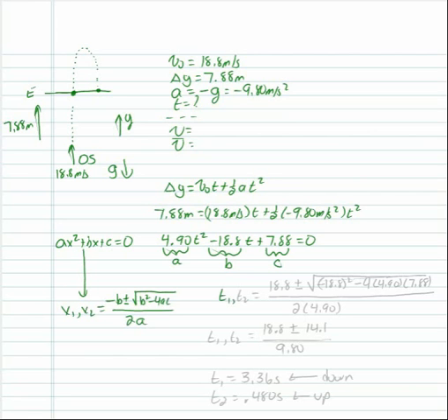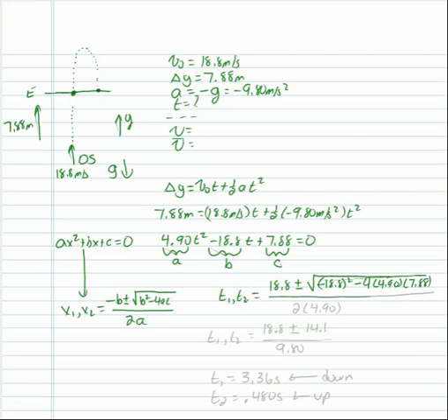The roots, t1, t2, equals negative b, so that's 18.8, plus or minus negative 18.8. Remember, square the negative. That's b squared minus 4 times 4.90 times 7.88.